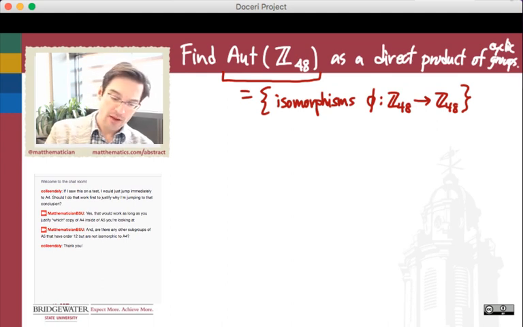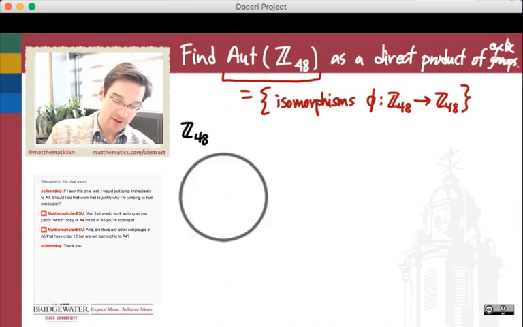So first of all, let's think about Z48 as a cyclic group. If we think about it as one of these clock-like groups, it's just that my clock has 48 numbers around its face instead of 12. 0, 1, 2, 3, 4, and so forth, and then 24 would be at the bottom of the clock, 25, and so forth, 46, and 47.